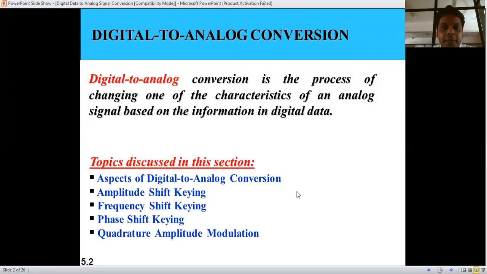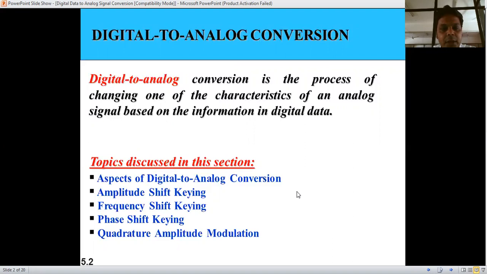And we know that an analog wave, or a sine wave, is represented using three characteristics: amplitude, frequency and phase. These are the three important characteristics of any analog signal.